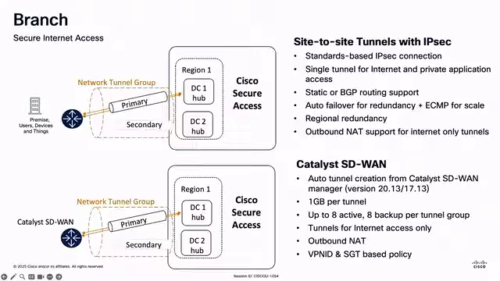So both the VPN ID and the security group tag, SGT, that is inside that Catalyst SD-WAN tunnel can be recognized by Secure Access and be used by Secure Access to determine what policy should be applied to a specific group of users or to traffic that's associated with a specific segment.